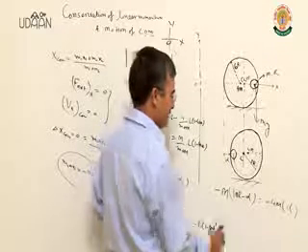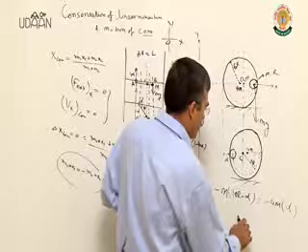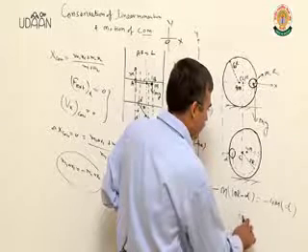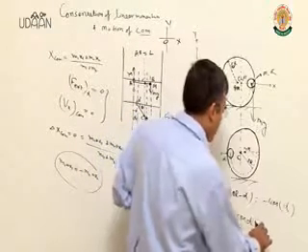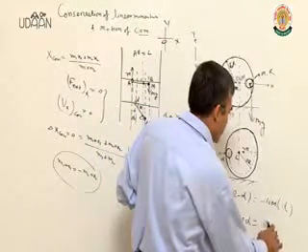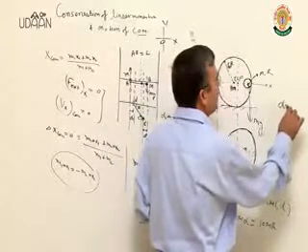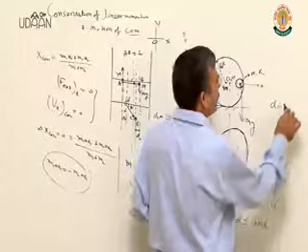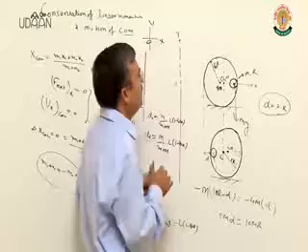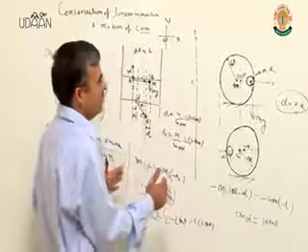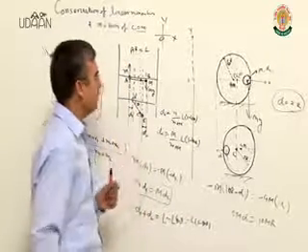If you simplify it, you will find 5m into d equal to 10 into m into r, or you can say d equal to 2r. So the bigger sphere will shift towards right by 2r distance. Clear?